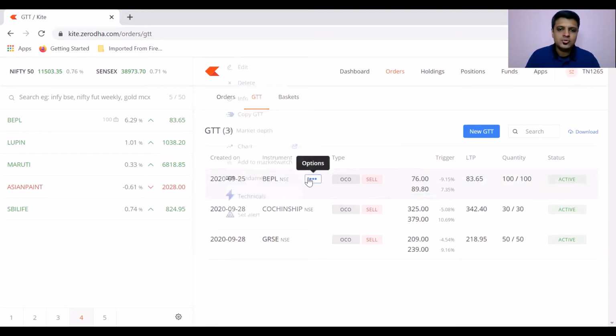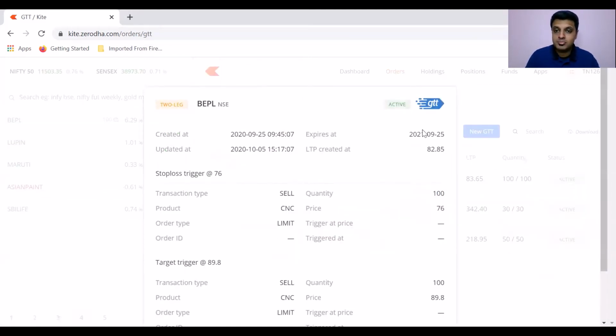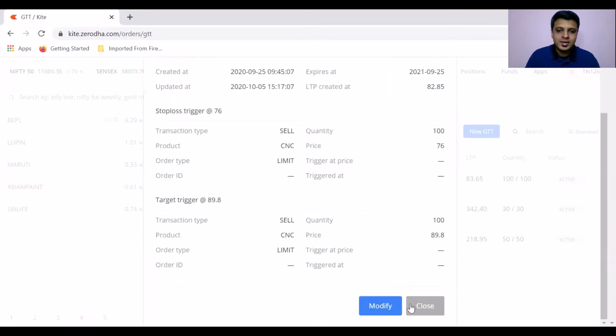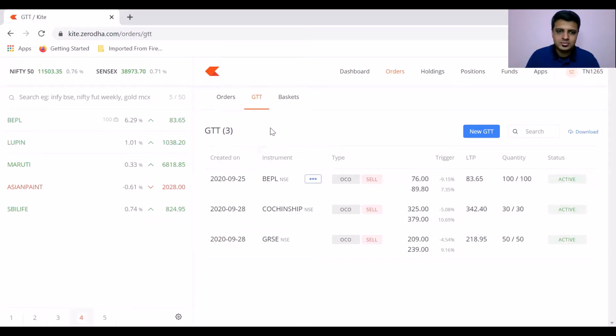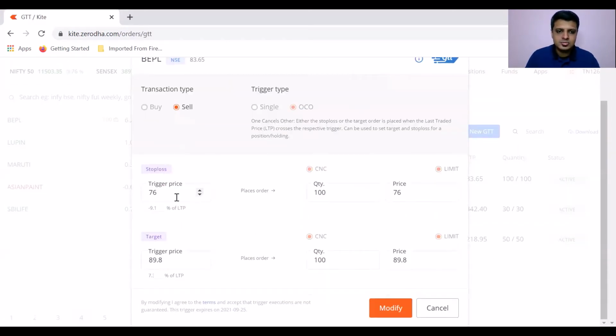Then I can either edit it or delete it. Info will basically show you when I set it up and things like that, and that it's a two-leg order. I can also modify it if I want to. For example, I can go back and edit it, and set the stop loss to 78 or 76, 72, 71.